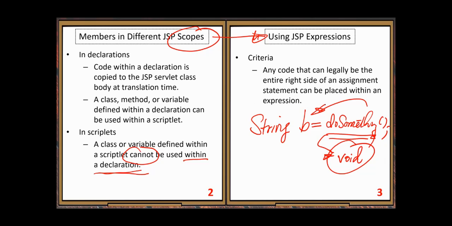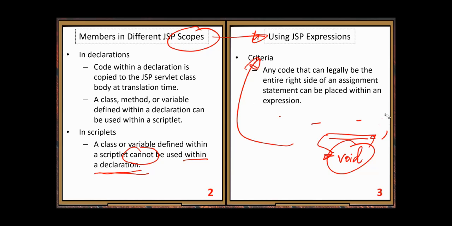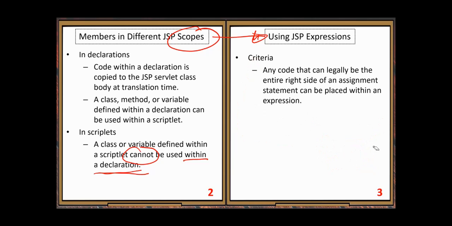How can you put it at the right-hand side of an assignment statement? You cannot, so this is a violation of that criteria. So you understand what you can do and what you cannot do based on this criteria. That is the first point about JSP expressions.